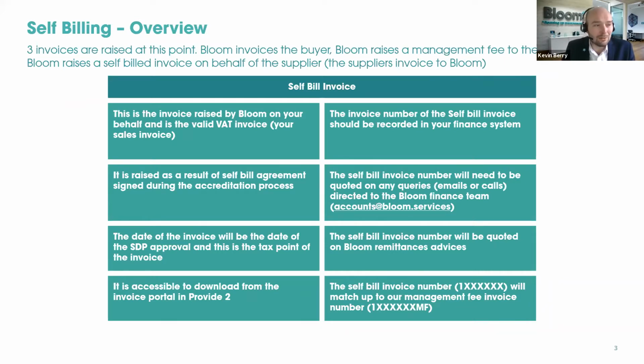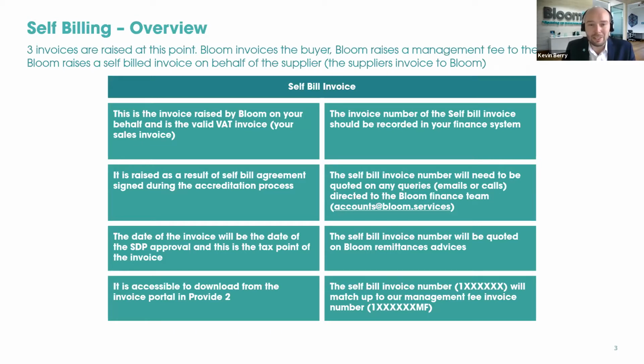So that reference really underpins a lot of the process, as the reference that flows through the various systems and platforms we use. And again, it is a reference that HMRC would probably expect you to quote as well. Similarly, the reference is also linked directly to our payment remittance advices. So any payment breakdowns or remittance advices you receive from the Bloom finance team will quote those self-billed invoice numbers within it.